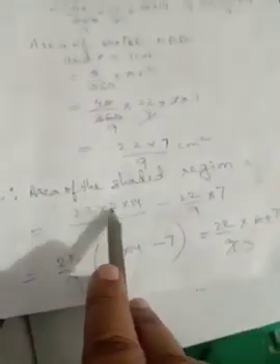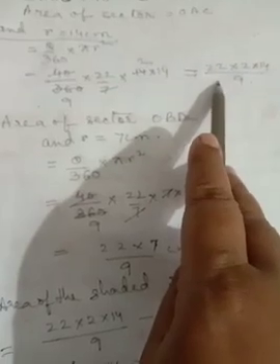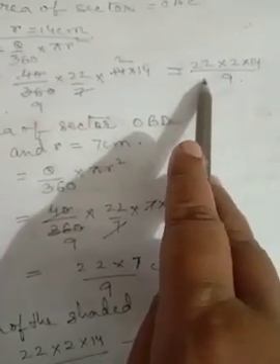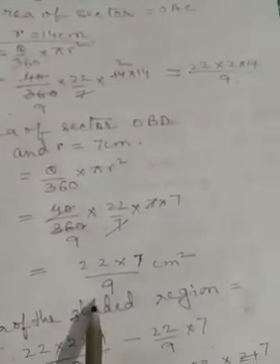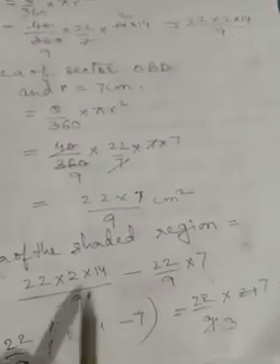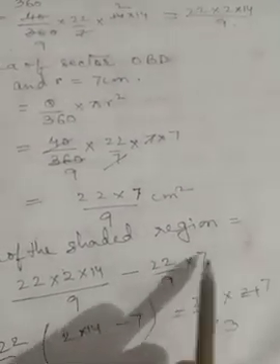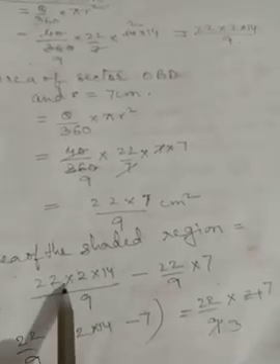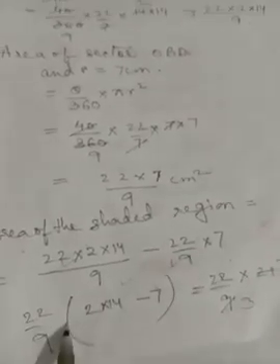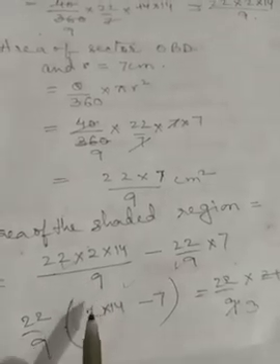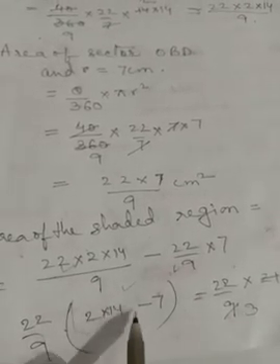Next, therefore the area of the shaded region is equal to area of the bigger sector minus area of the smaller sector. So from this you can see 22 into 2 into 14 by 9 minus 22 by 9 into 7. So from this we can take 22 by 9 as common, and in the first bracket there will remain 2 into 14 minus 7.